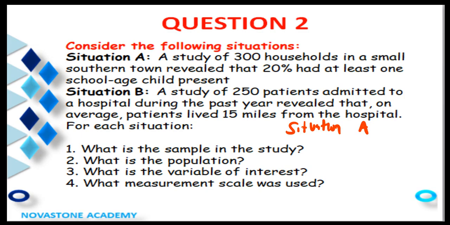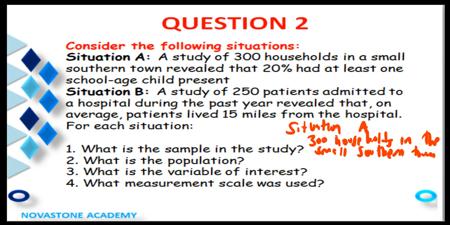You're going to realize that the sample in the study is just 300 households in the small southern town. So 300 households in a small southern town will be our sample.